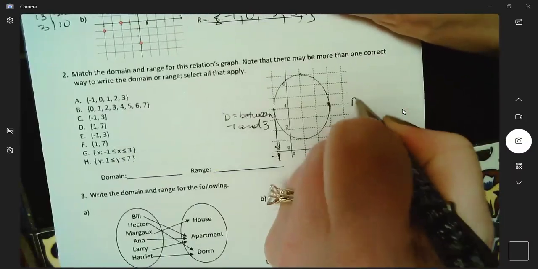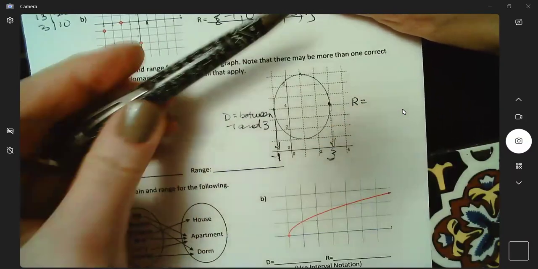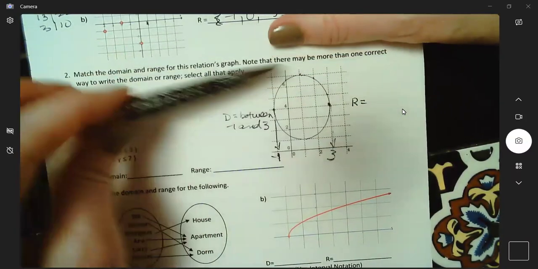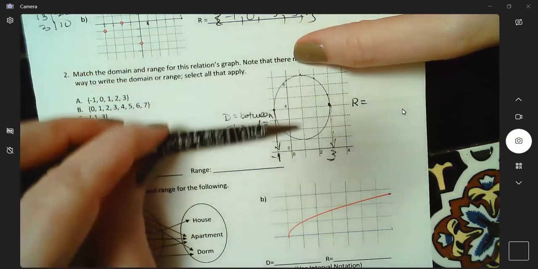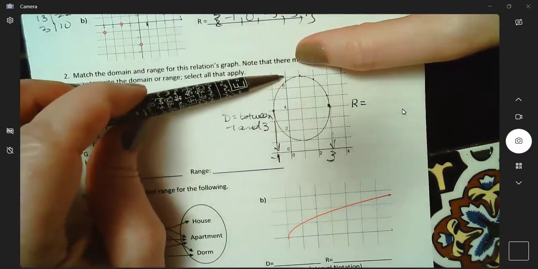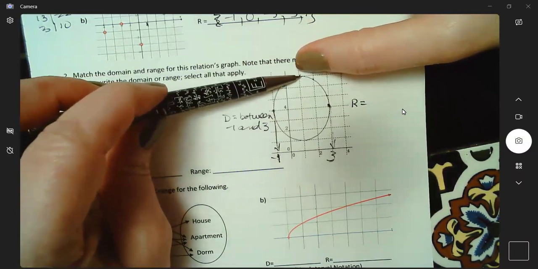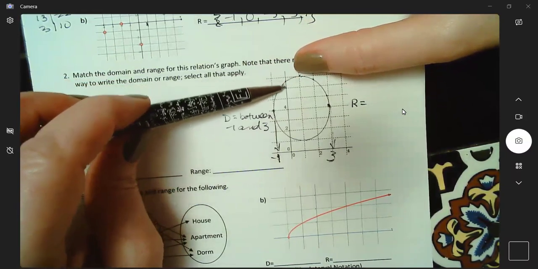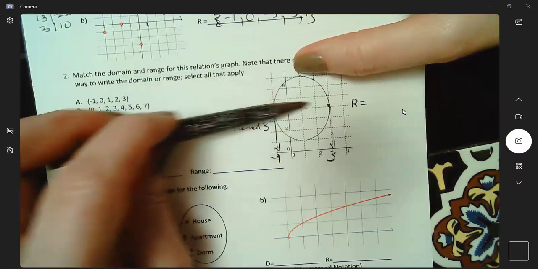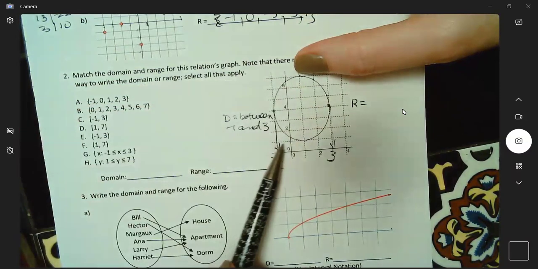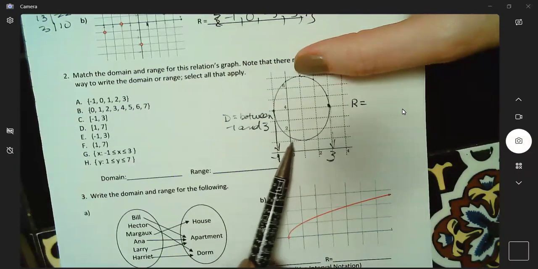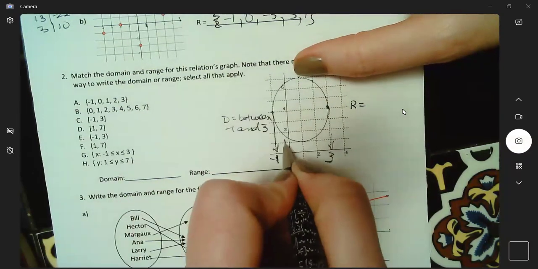Okay, so the range, same idea, in that most of the y-axis values are not going to correspond to this graph unless you get right in this area here. If you're at +7, you're at the very top of the graph. So anything lower than +7 on the y-axis will correspond to something on this graph until I get down to the y value of, this is 0, and this would be a y value of 1 right here.